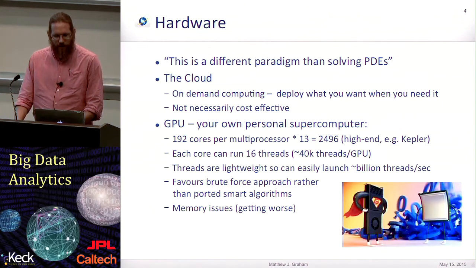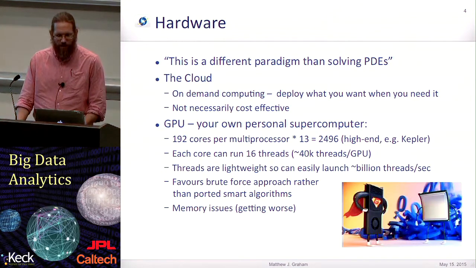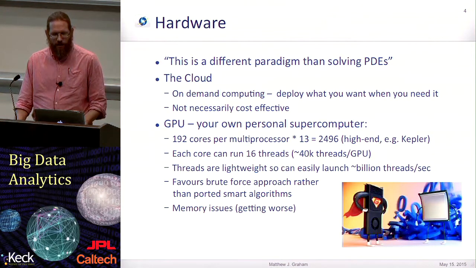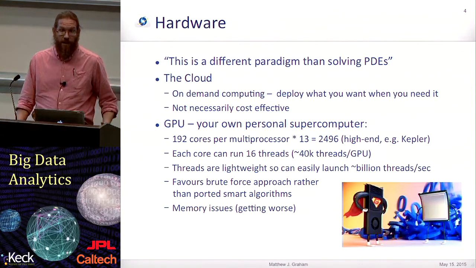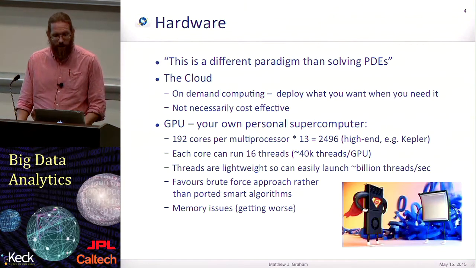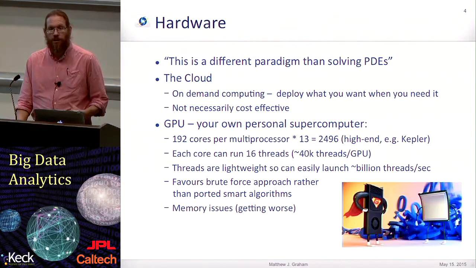The high-end GPU cards have up to 2,500, 3,000 cores per multiprocessor. Each core can run sort of 16 threads, so that gives you about 40,000 threads per GPU. These are very lightweight threads, very different from the sorts of things you may have encountered in traditional threaded programming. And it's very easy to launch up to 1 billion threads per second.